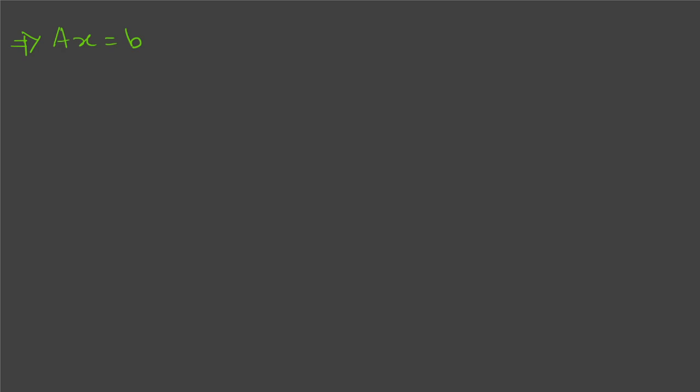All right, so we basically create two cases over here. We calculate the determinant. If the determinant is 0, we call A a singular matrix.